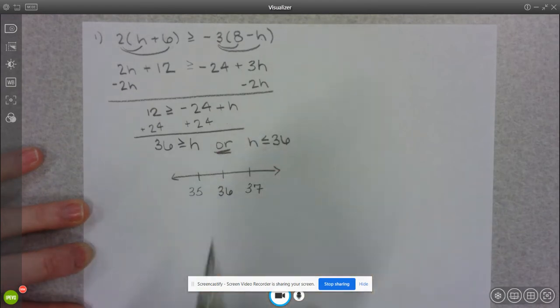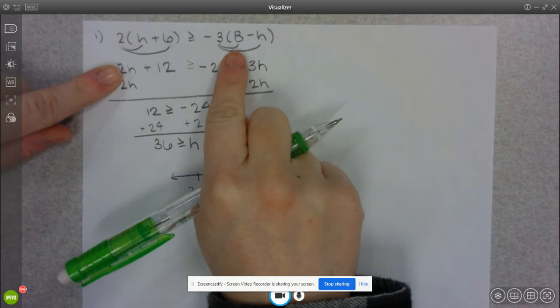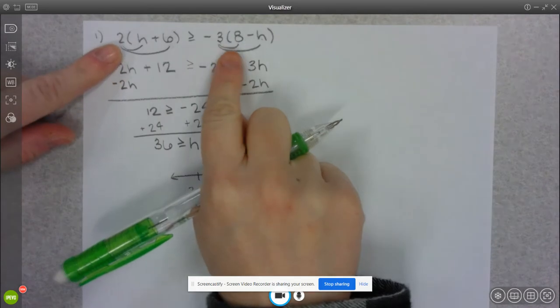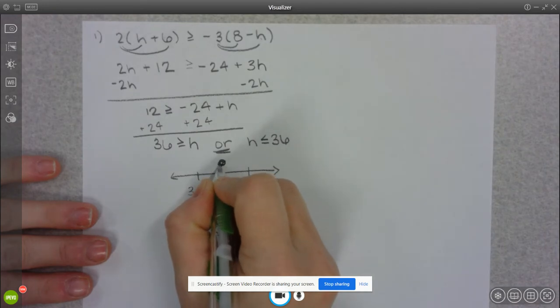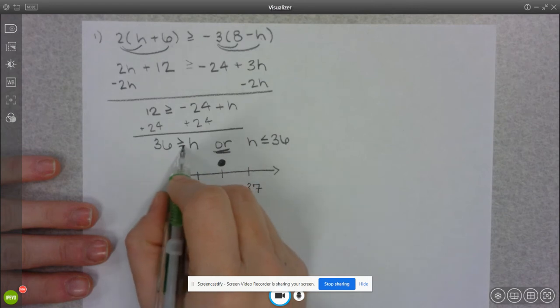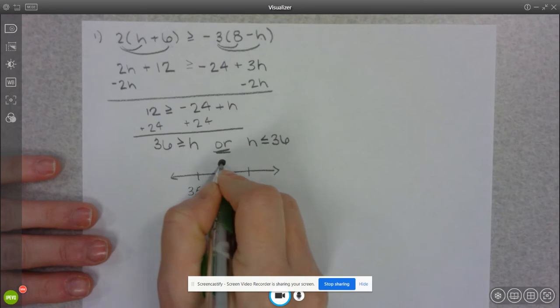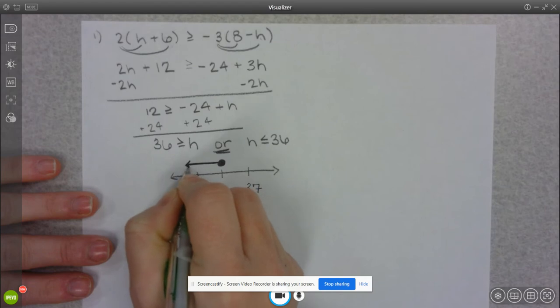What we're doing is showing that all of the numbers below or at exactly 36 will work to make our original inequality statement true. So I'm going to put a closed-in circle above 36, which represents the equal to part of my inequality. And because it's all the numbers that are smaller than 36, I'm going to put my arrow to the left.